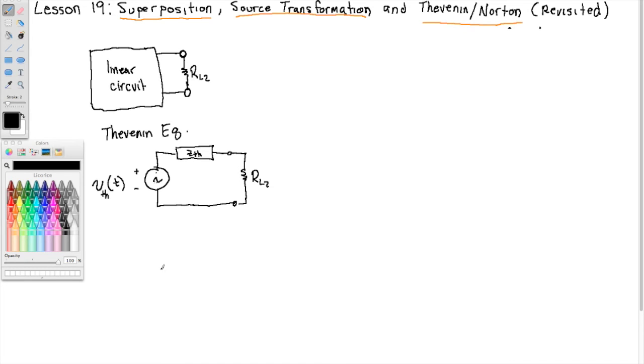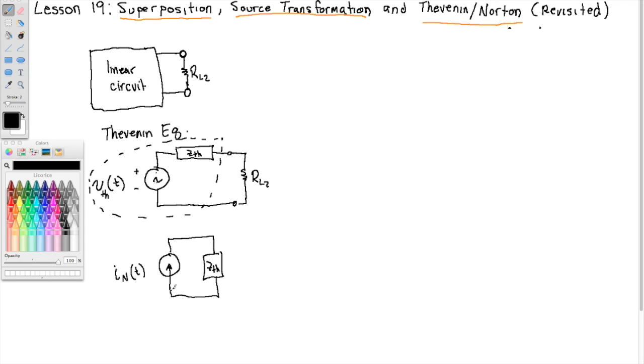And from source transformation then, if every linear circuit has this picture, then it also must have this picture as well. Any linear circuit can be put into this form from source transformation, right?